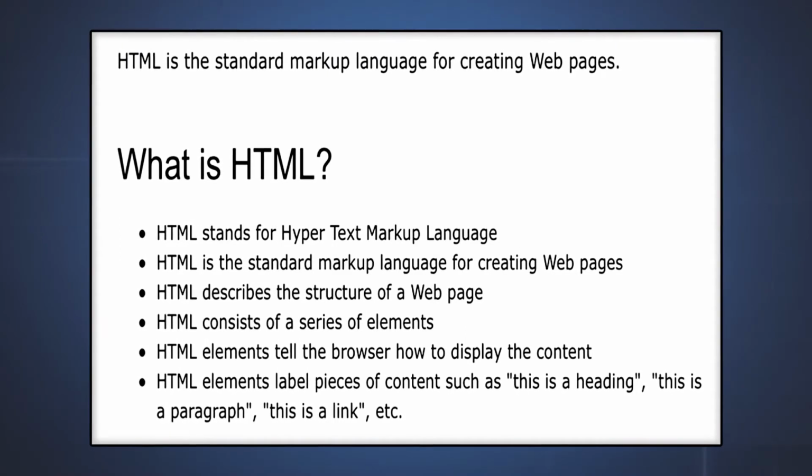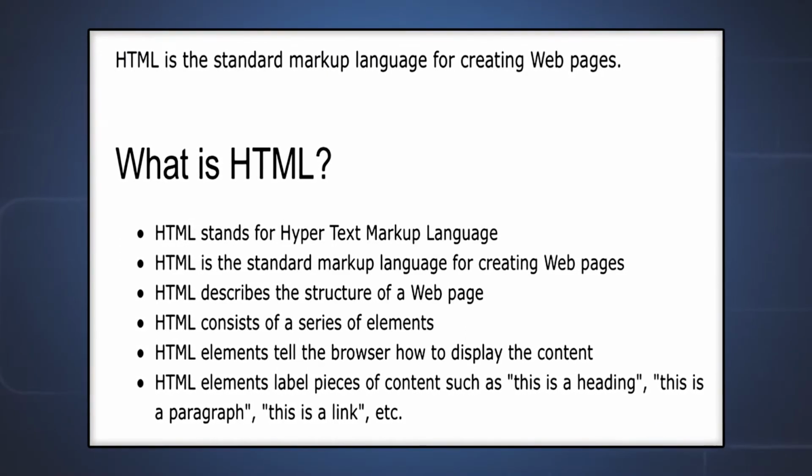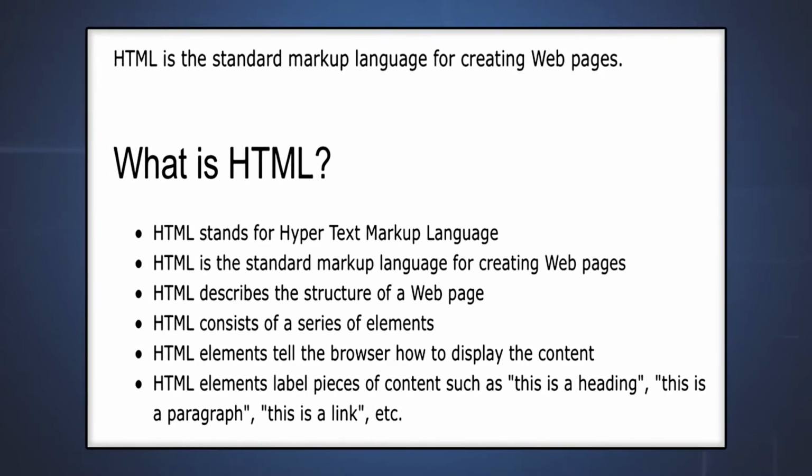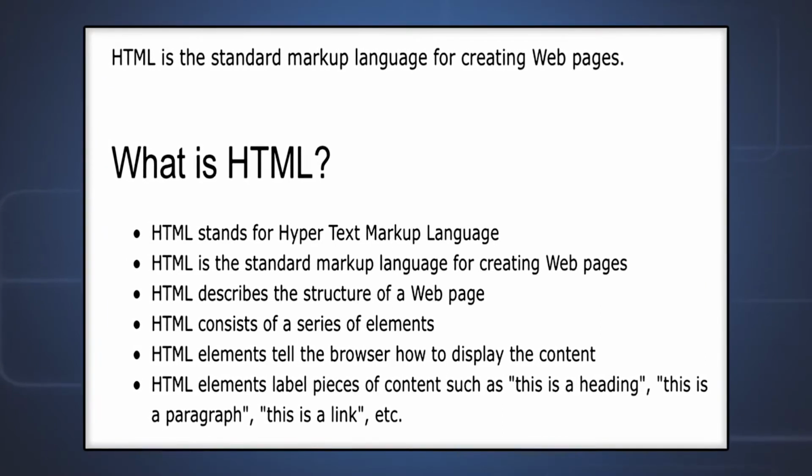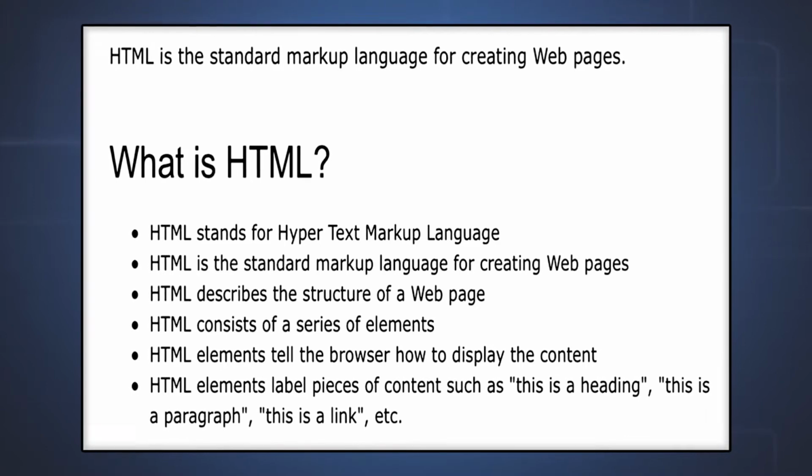And HTML elements label pieces of content, such as this is a heading, this is a paragraph, this is a link, and in many more ways. So basically, whatever you want to display on the web page will be sandwiched between HTML tags.